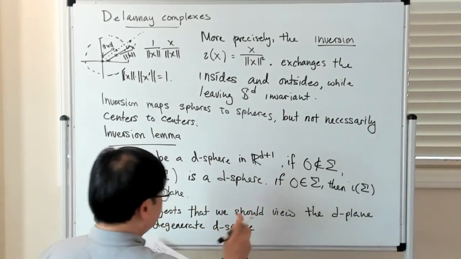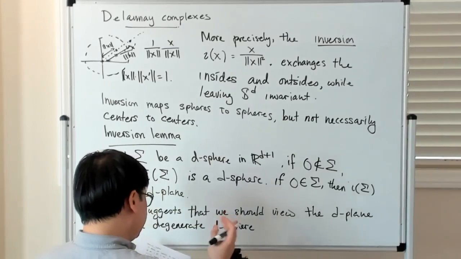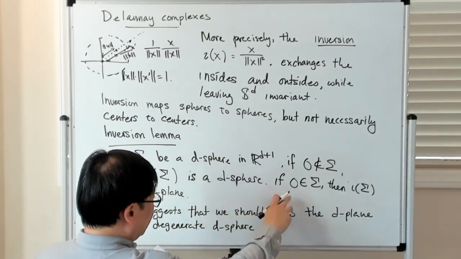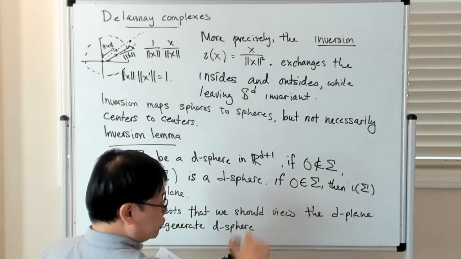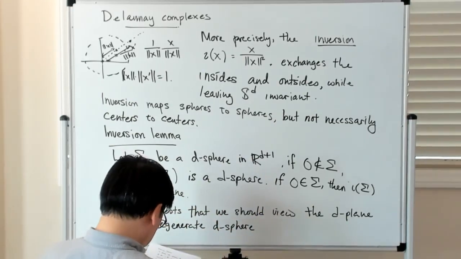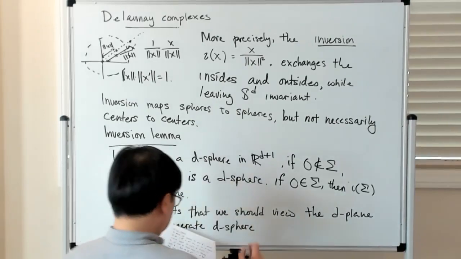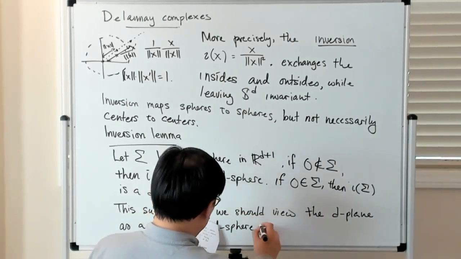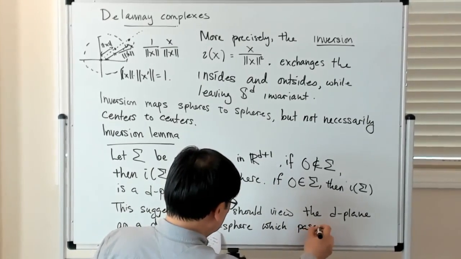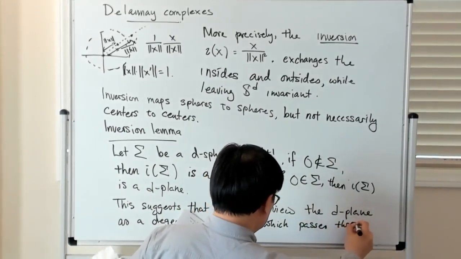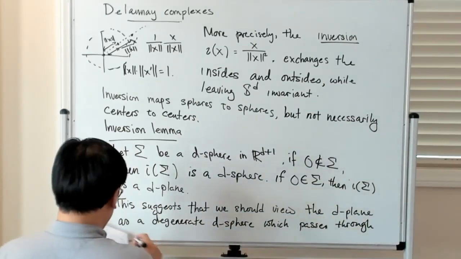Of course, by limiting arguments, the origin gets mapped to the point at infinity, so this degenerate d-sphere passes through the point at infinity.